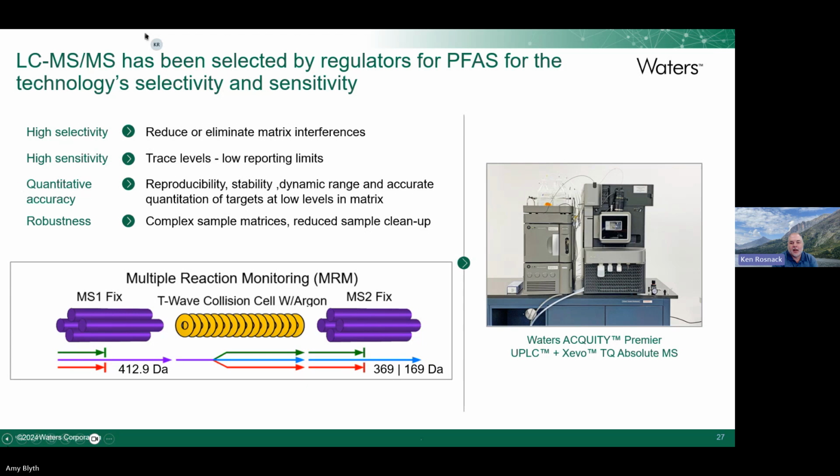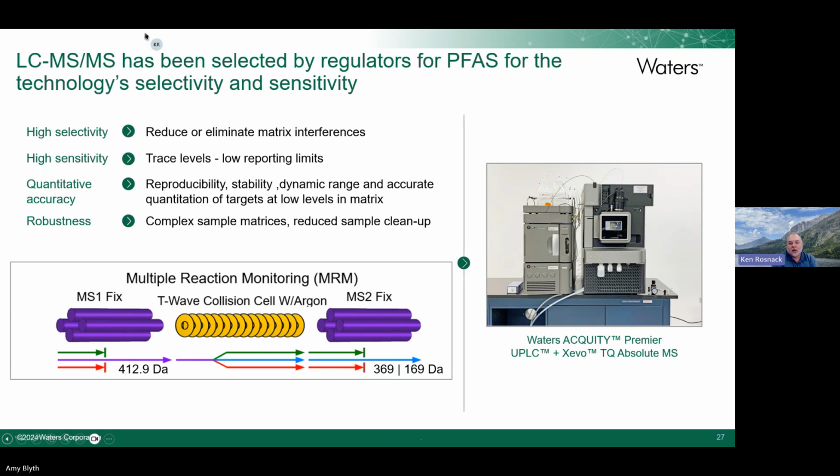The example at the bottom left shows you a little bit about what multiple reaction monitoring is. Let's take one of the better known PFAS whose molecular weight is 412, and we're going to put a positive charge on it, hence the nearly 413. Then we're going to fragment it in a collision cell. Imagine taking a coffee cup and banging it against the wall to create little pieces, and then you can put it back together and see what the coffee cup was made from.